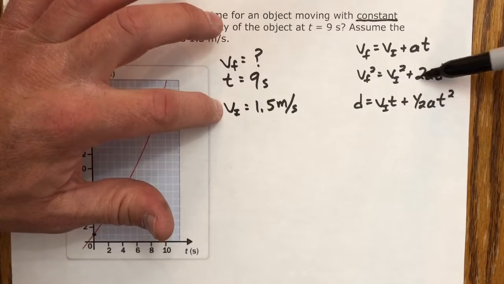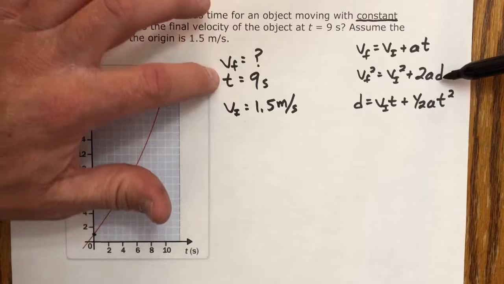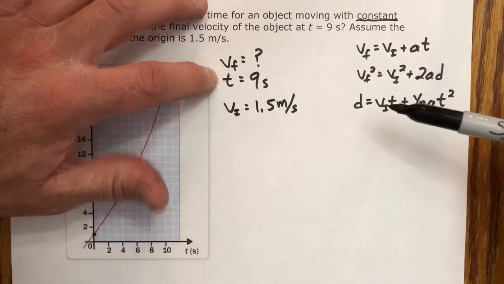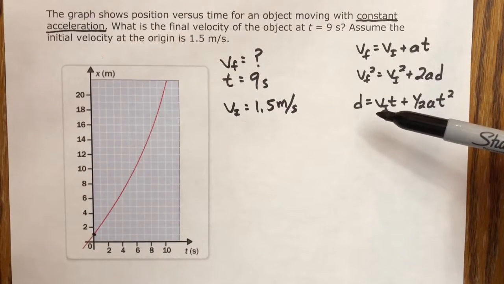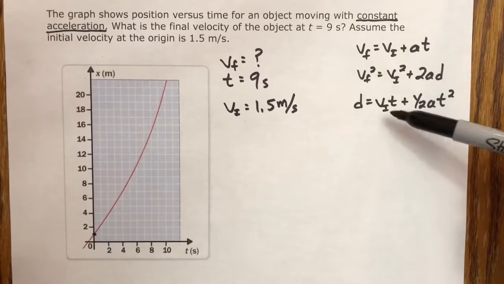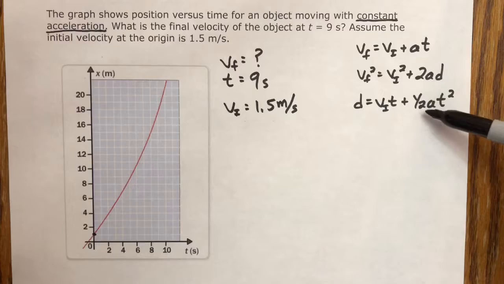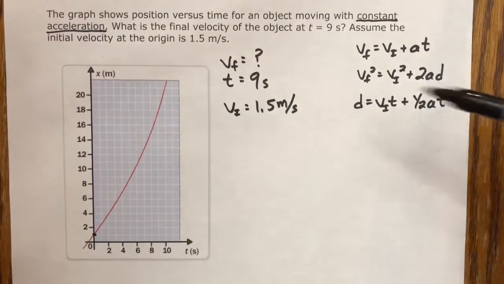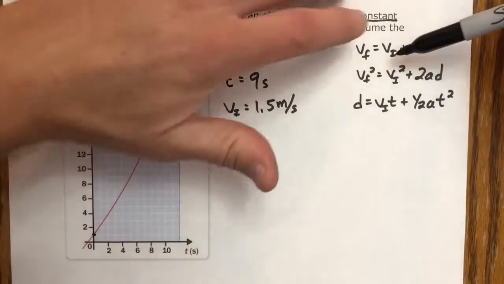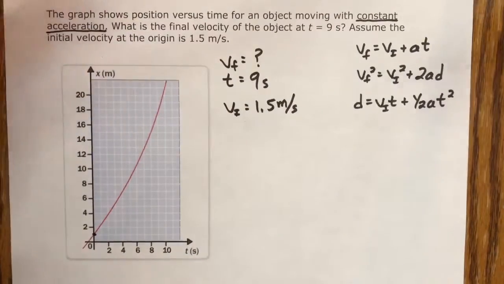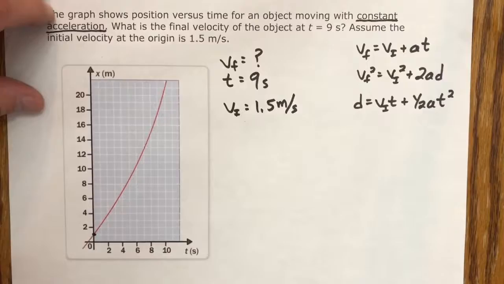VI, yes. A, no, we don't have that. And D, no, we don't have that. So we come over here. D, we do not have. VI, we have. T, we have. Acceleration, we do not have. And T squared. Because we're trying to find VF, we only have 2 variables for all of these. So what are we going to do? Well, this is where the graph comes in.